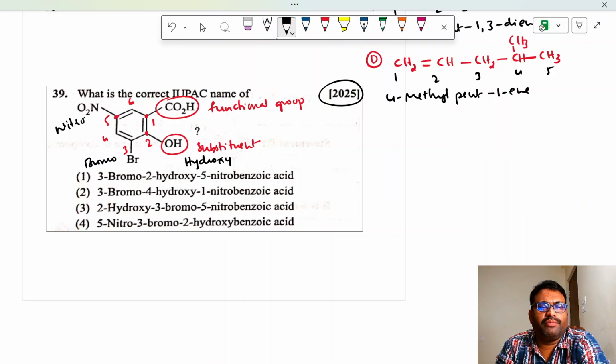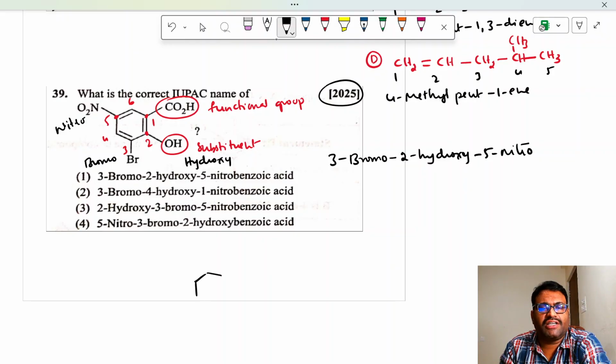Which comes first? B comes first in alphabetical order. So what do I write? 3-bromo, 2-hydroxy, and 5-nitro.